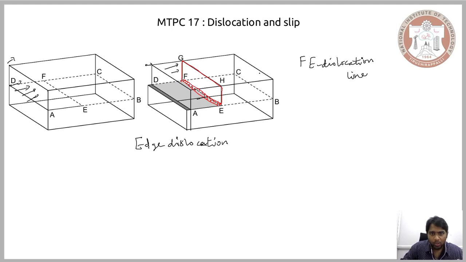So the overall material above this plane ABCD has experienced an extra layer of atoms, and this extra layer of atoms has moved. So there is a region which has already experienced the movement of the extra layer of atoms, and a region which is yet to experience the movement of the extra layer of atoms.